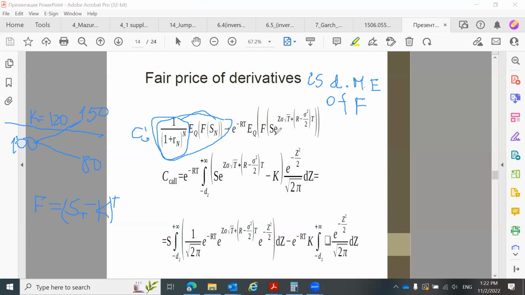It is our model, a geometric Brownian motion, the solution of this equation. It is r minus sigma square divided by 2 times t plus epsilon sigma square root of t, but now we write epsilon z instead.